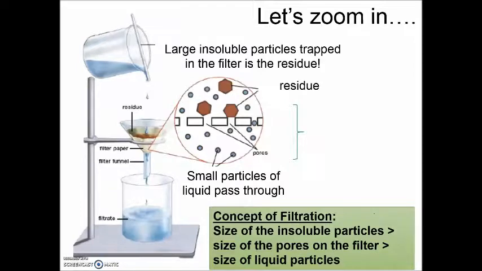So these are the pores, so you definitely can't see them, but they're definitely there. And the solid particles that are insoluble are larger. So this is larger than the pore, so they can't pass through the filter paper.